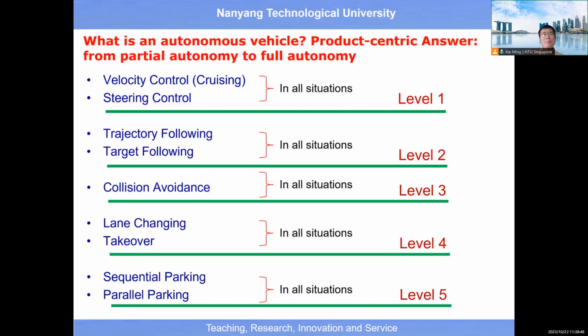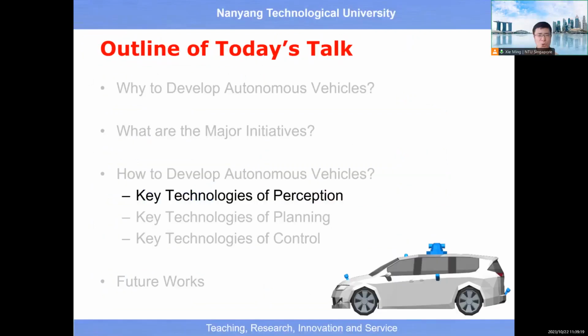And from the answer in this slide, you immediately know what the outer control loop should be, which involves perception, planning and control, right? Because for each function or capability listed in this slide, we need this outer control loop, which involves perception, planning and control.